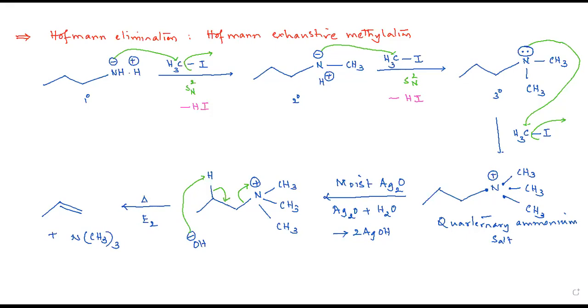Even here also, let us take the mechanism. Right up to this step, it is exhaustive methylation. You have treated a primary amine with 3 molecules of methyl iodide. Then it's with moist silver oxide. Then on heating, it undergoes, of course, E2 elimination.